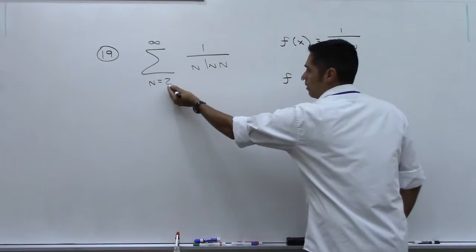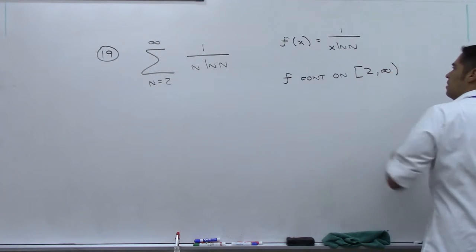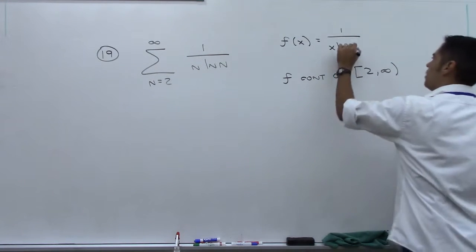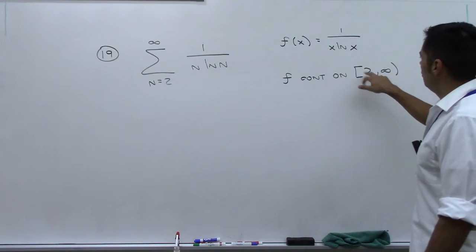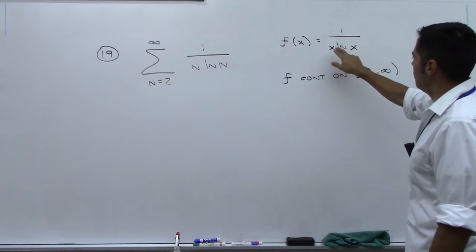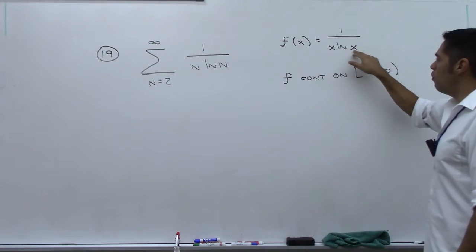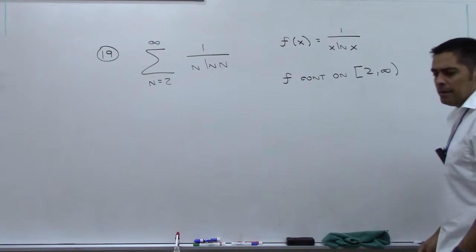Well, actually, I only need to look at 2. Oh, I forgot to put that as an x. I've got to make sure that when I plug in 2, I don't get division by 0 here. So 0 would give me division by 0. It's not in here. And natural log of 1 is 0. Well, 1's not in here, so I should be okay.